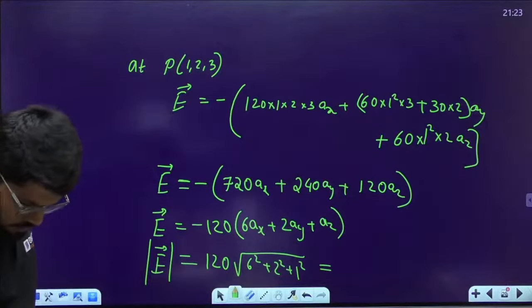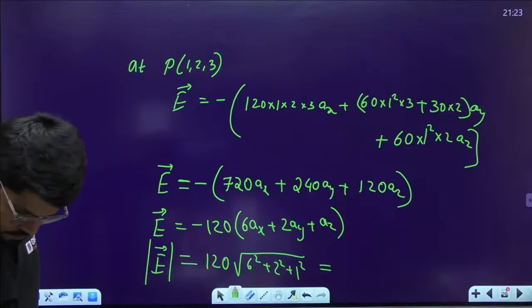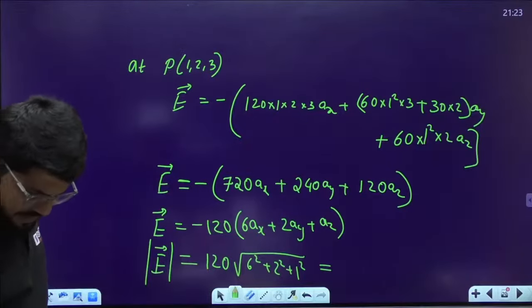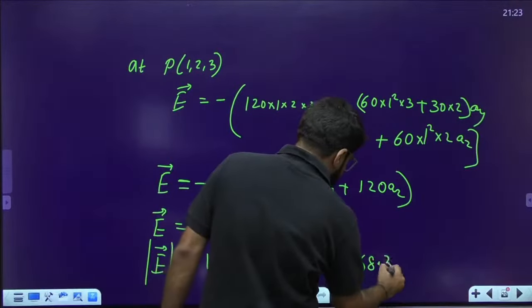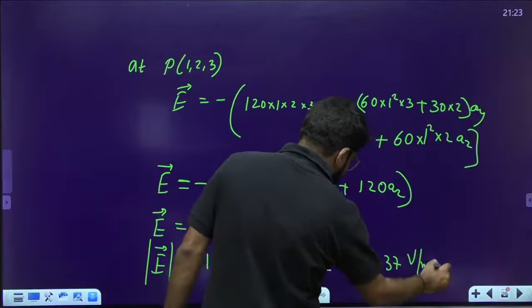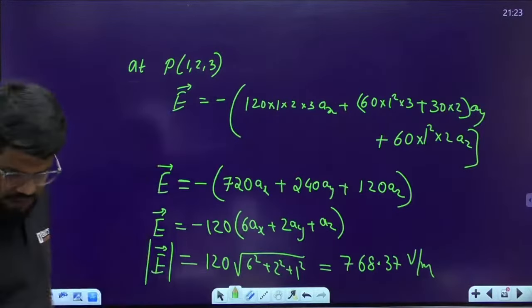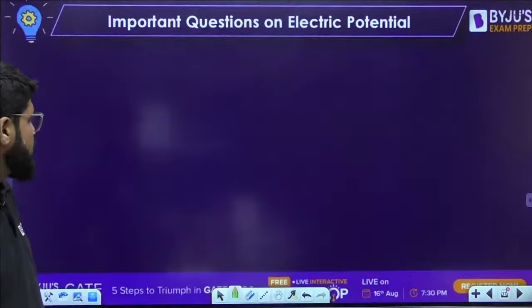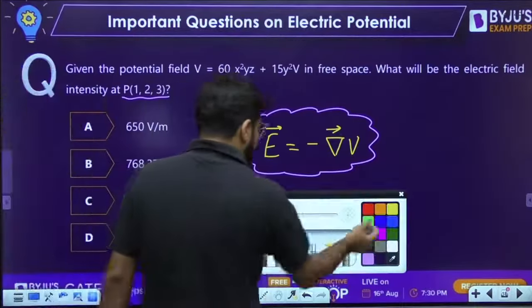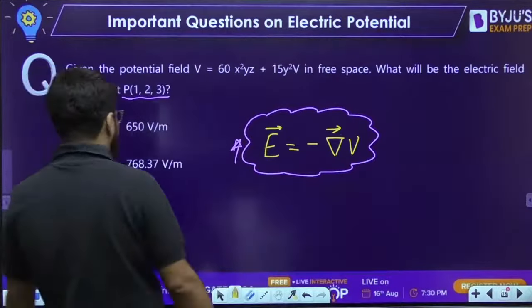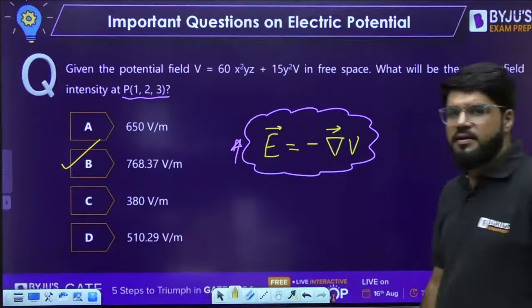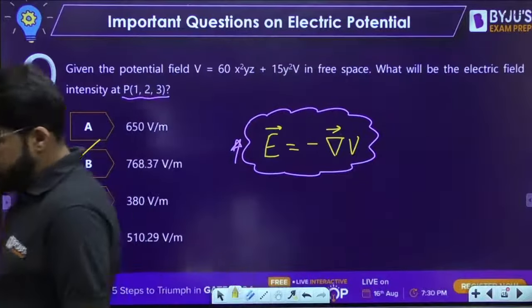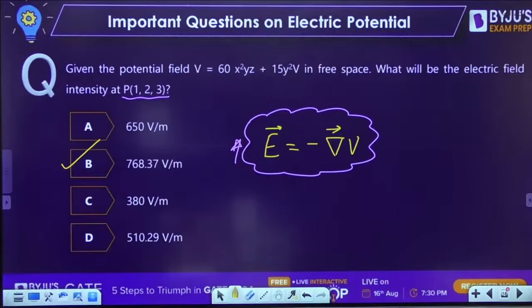That is going to be 768.37 volts per meter. So here we have option number B, which is correct. 768.37 volt per meter, option B is perfectly correct.